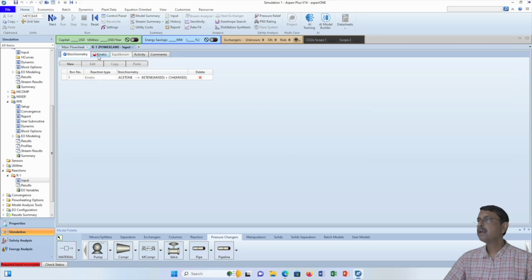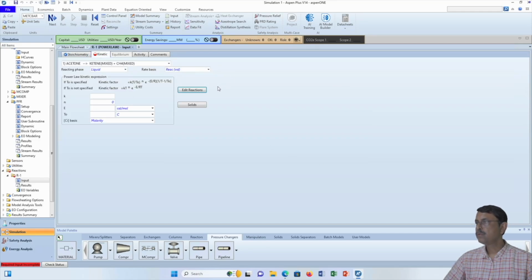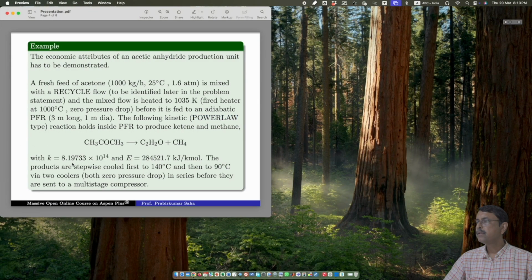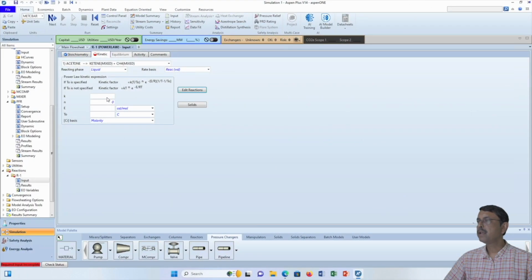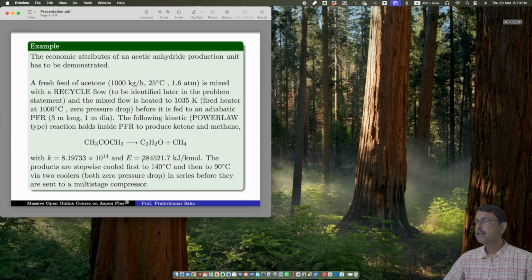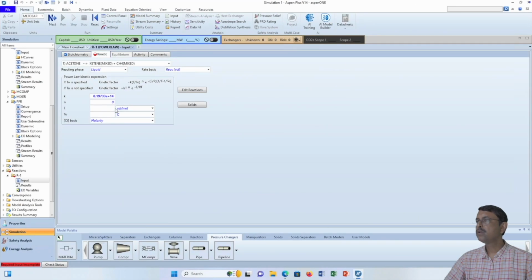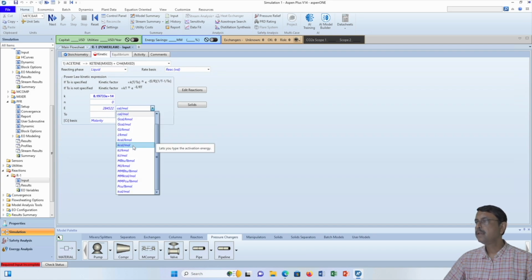Okay, and kinetic properties we have to provide over here. This is 8.19733 E14, and this is the activation energy, kilojoule per kilomole.